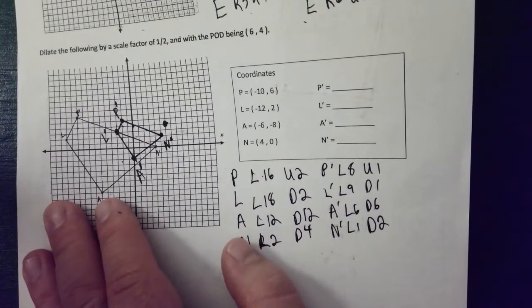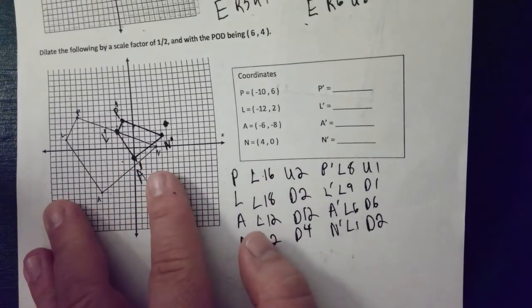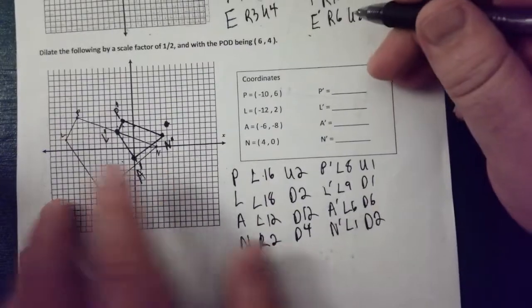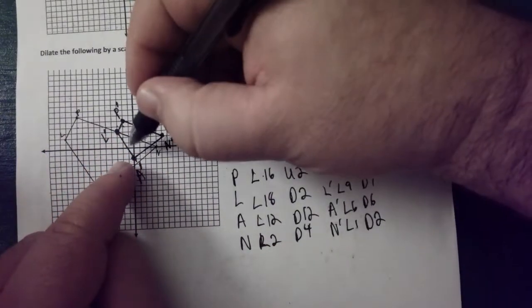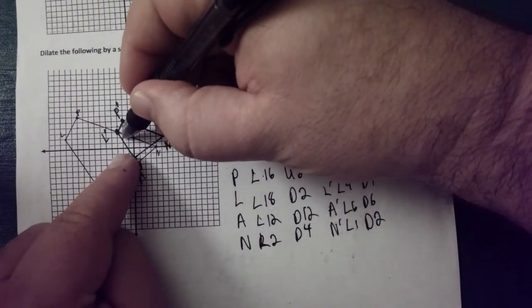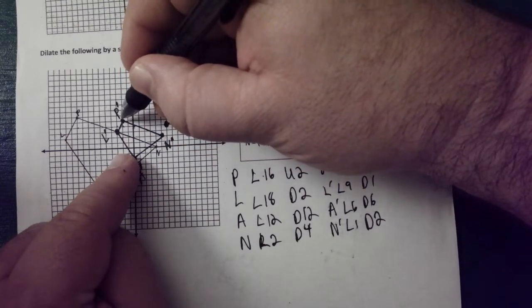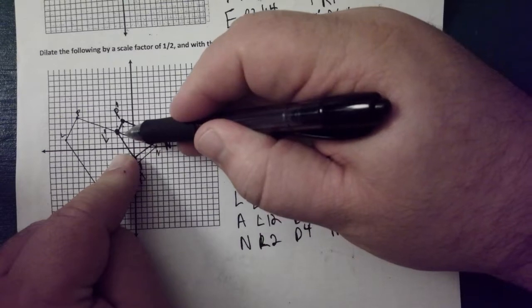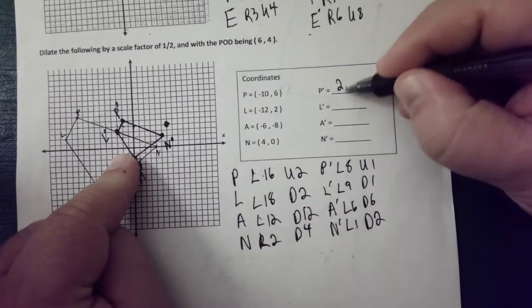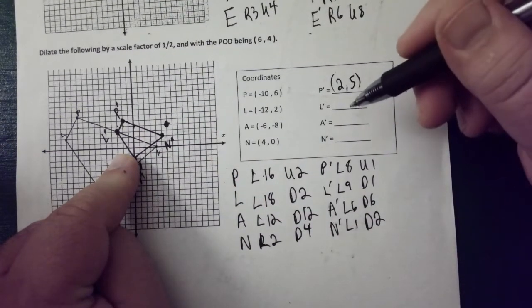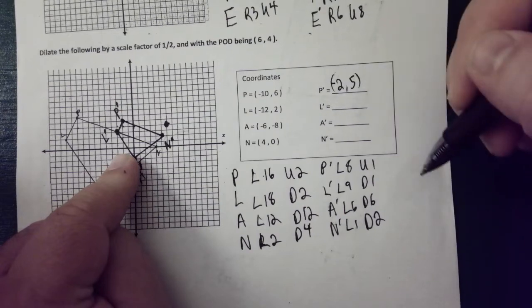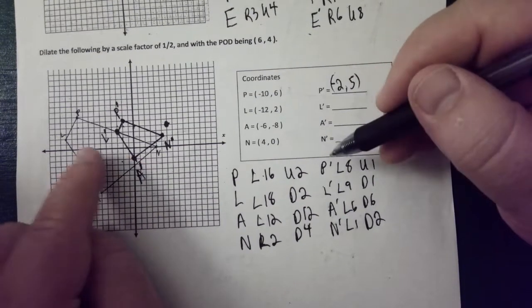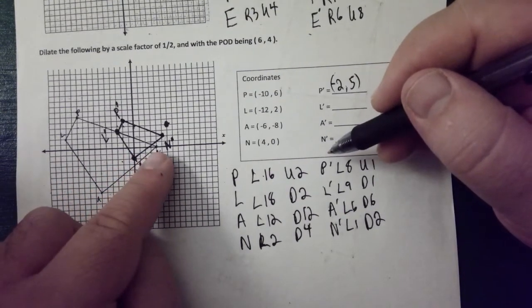All right, I need to write down my new coordinates. So for P prime, much easier to find this one. It's 2, 5. Yep, 2, 5. And, oh, no, it's not. It's negative 2, 5. My apologies. L prime. It's right there.